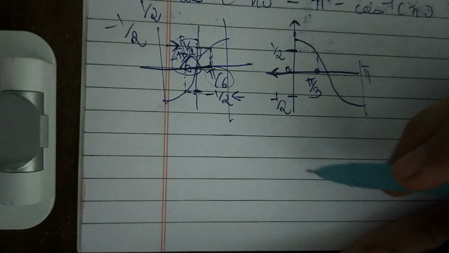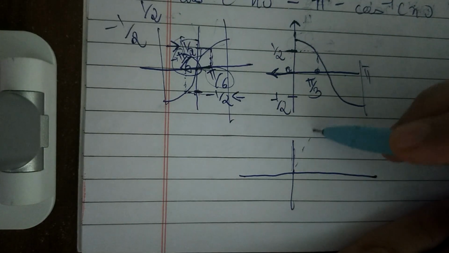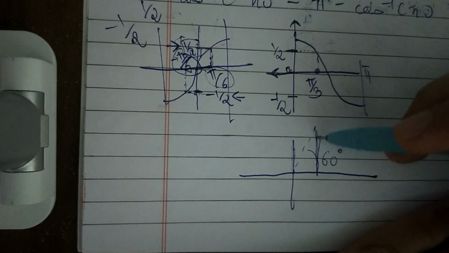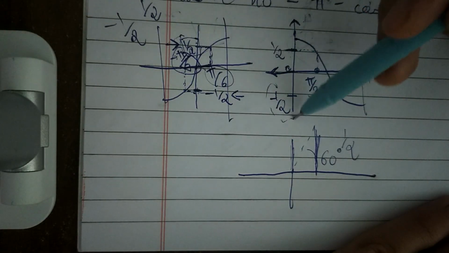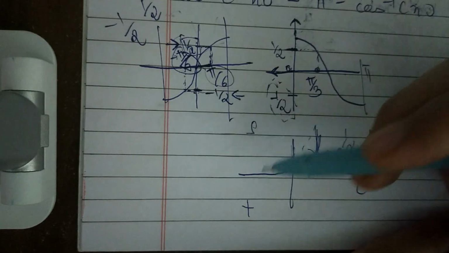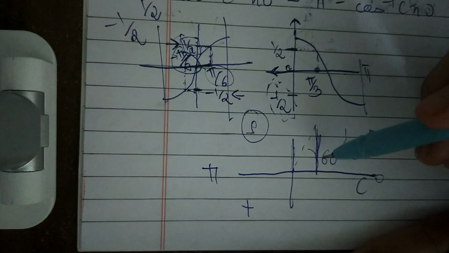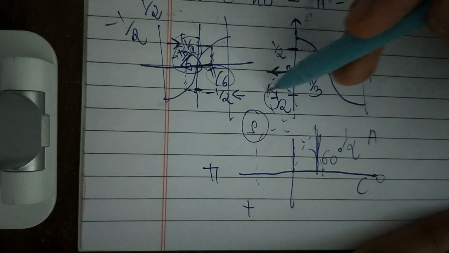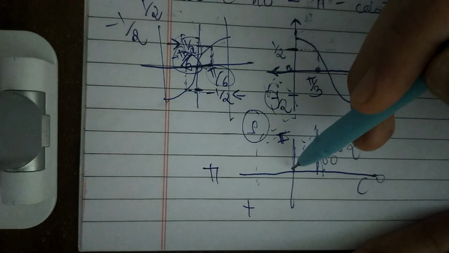Now try to visualize. This is my graph, and at 60 degrees here, if I form a triangle, I get a cos value of 1 by 2, and now I need to get this minus 1 by 2 by applying the rules. I can see sine is positive here, this is 0, this is pi, so my angles can range from here to here. So to get a negative answer, I must look at the second quadrant, right?